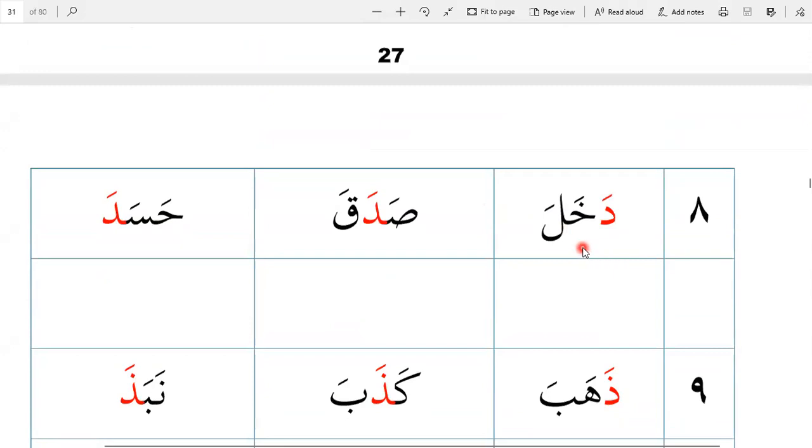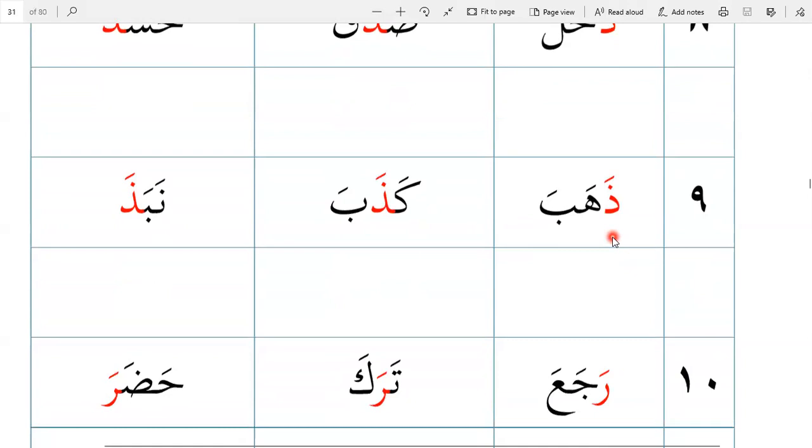Da, kha, la. Sa, da, qa. Ha, sa, da. Tha, ha, ba.